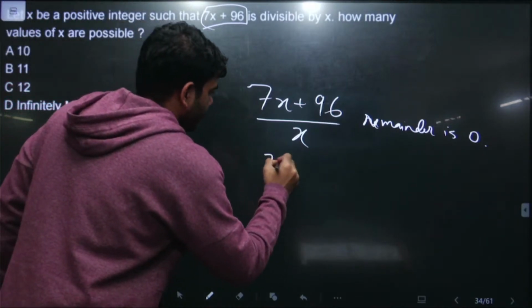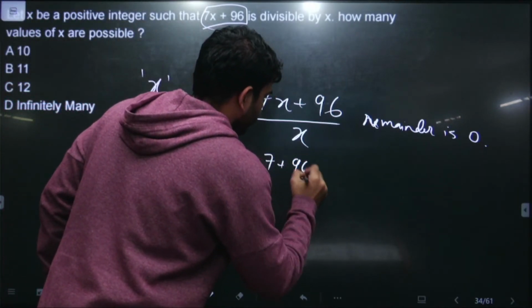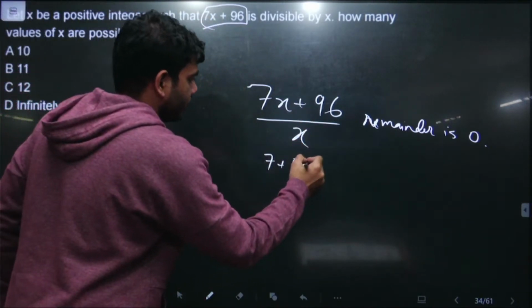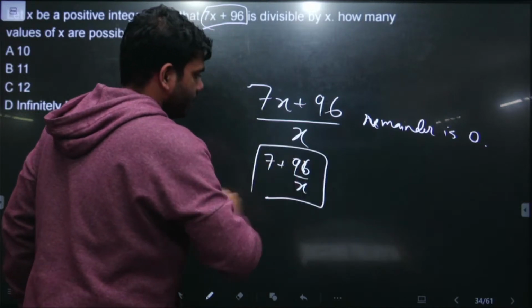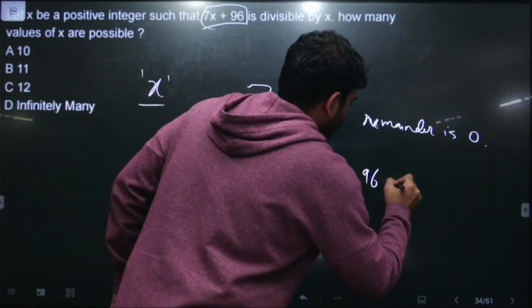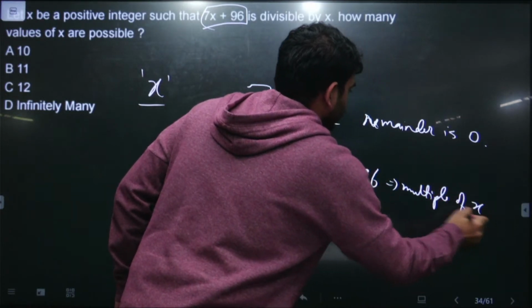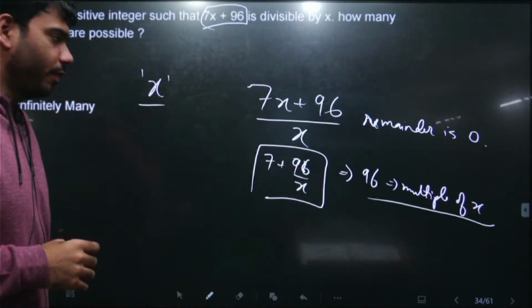It means 7 plus 96 by x, right? Because x cancels out, simplifying this we get this. It means 96 should be a multiple of x. 96 should be a multiple of x, right?